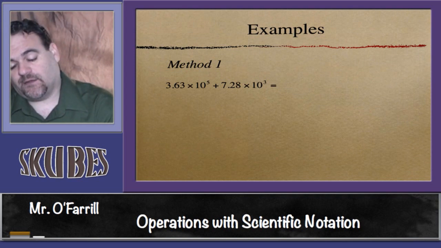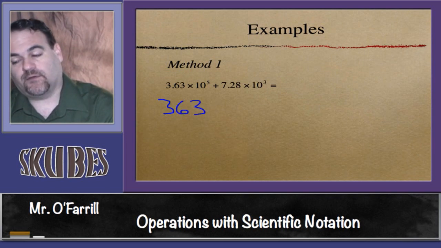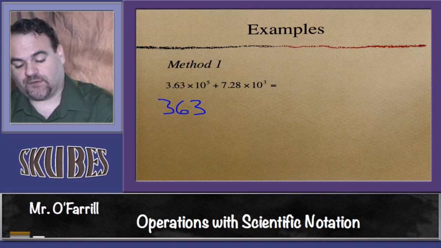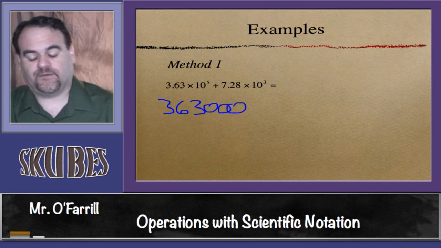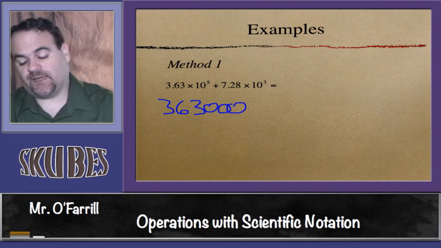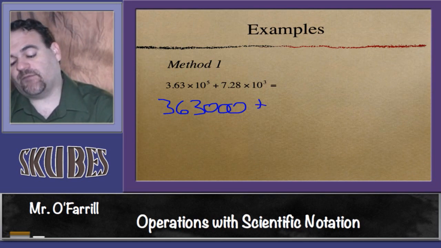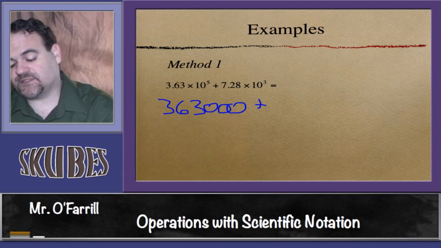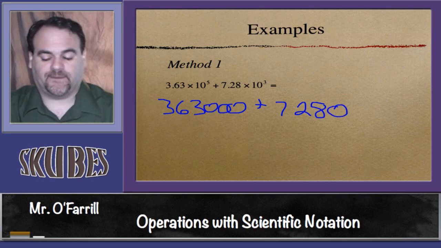That's going to be 363 and 5 decimal places. So that's going to be 1, 2, 3, 4, 5. And that's being added to 7.28 times 10 to the third, or 728, 1, 2, 3.